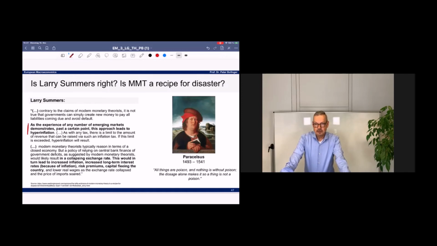But this matters not only for smaller countries but also for countries like the United States. It's always the dose that makes the poison.